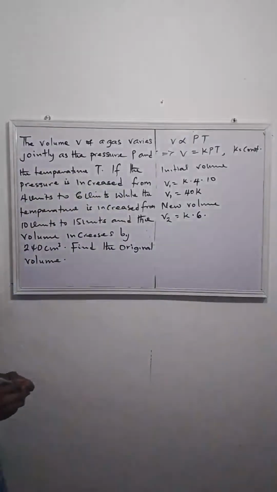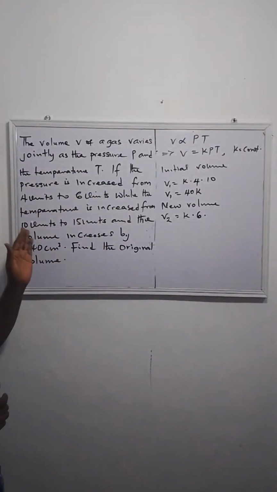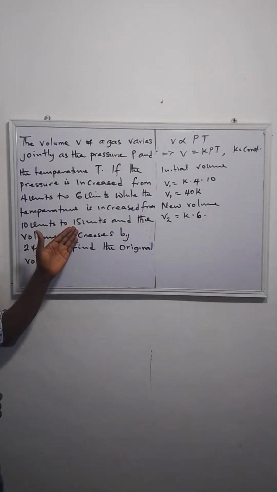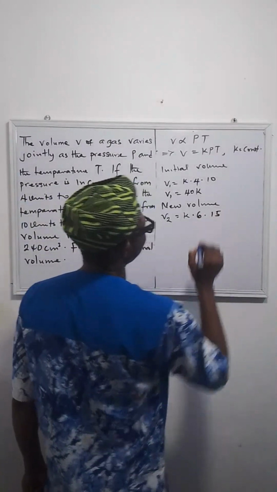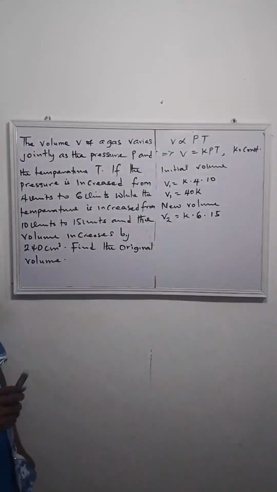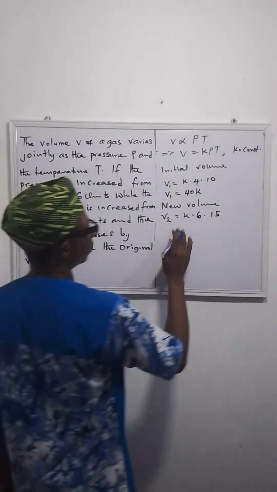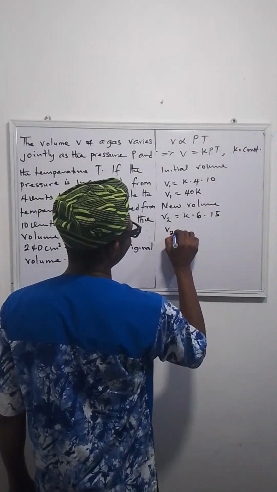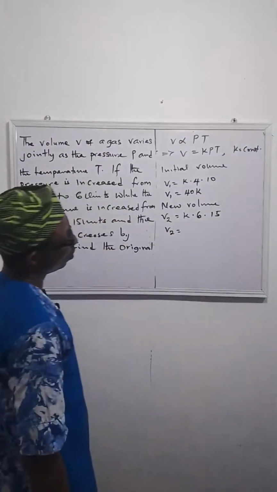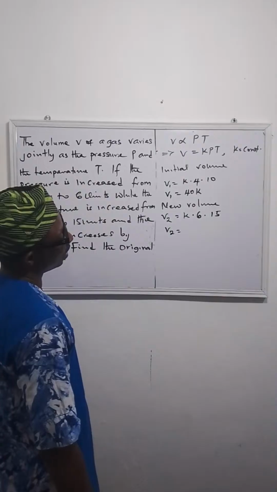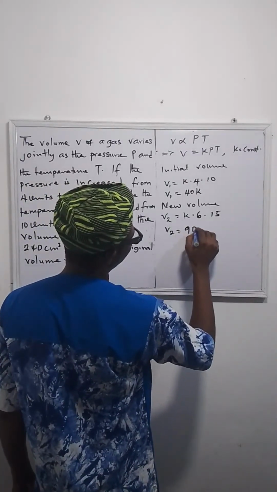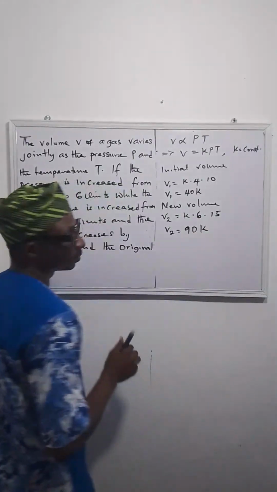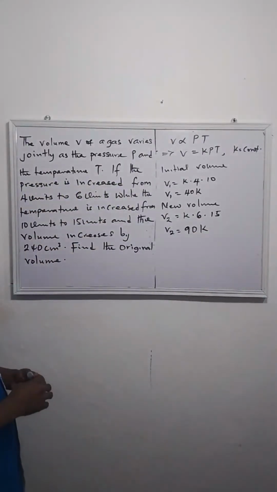And the temperature has been increased from 10 to 15. So when we multiply, we have 90K. All right, so that is V2.